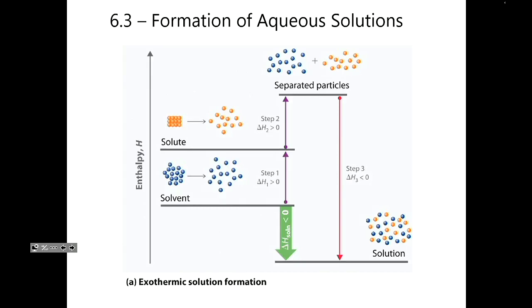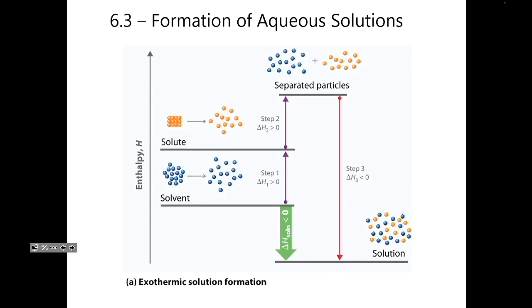This is very cartoonish and hypothetical, but let's assume we have a solvent and a solute that need to form a solution, right? So again, in theory, what needs to happen? The solvent particles need to separate from each other. That requires energy. So here, we're going to have some type of energy absorption. Here's our solute.